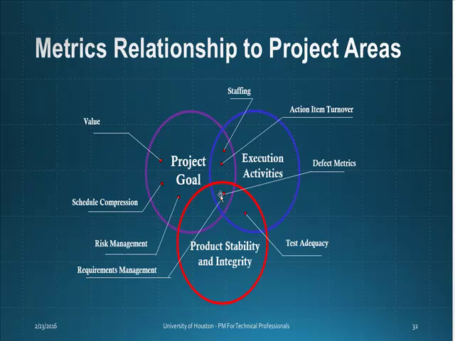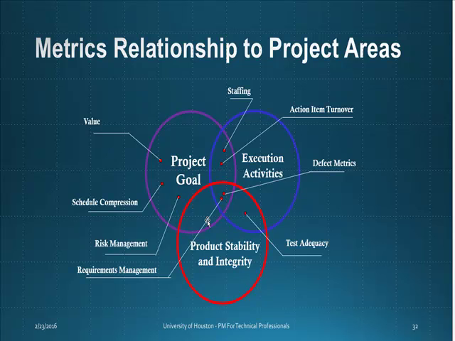There are two different items, as you can see from these slides. The first one is requirements management, and the second one is defect metrics. Requirements management is critical, as we talked about in the scope topic for this class. If we do not have a good understanding of the requirements, oftentimes the project ends up as a failure because you're trying to deliver something that does not meet the expectations from a user standpoint, right?